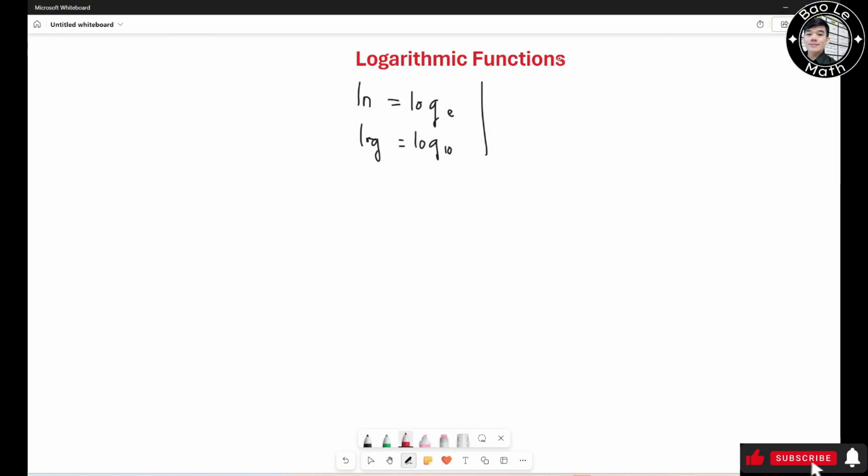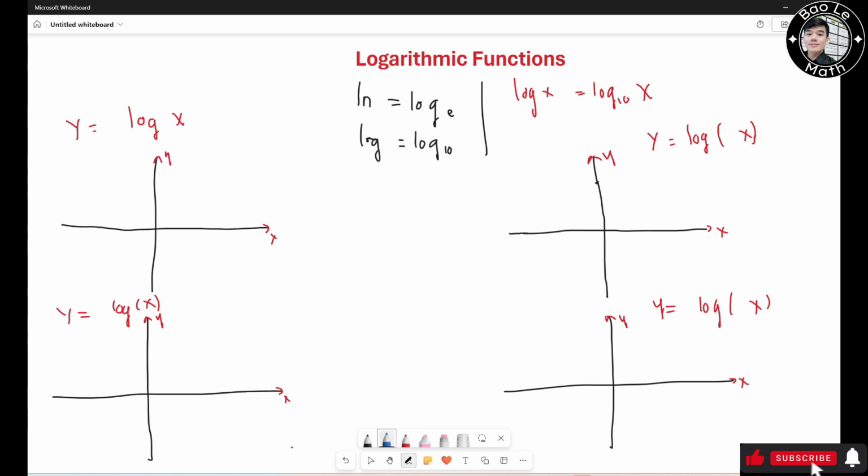Now let's talk about log s, which means log base 10 of s. Alright, so let's explore 4 different cases of the graph of the logarithmic function. The first one is the base case. I have log base 10 of s, so I just write log s right here. So the base case is going to be like this.